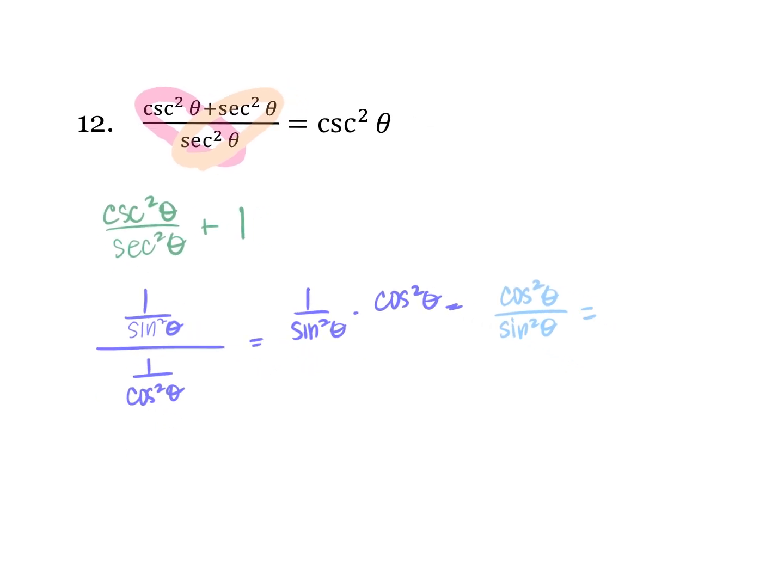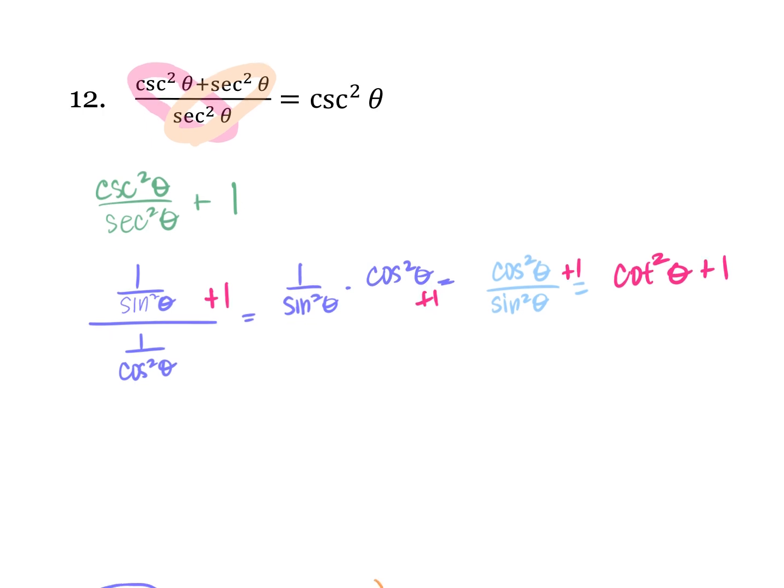What is cosine squared over sine squared? Wait a minute, why isn't this coming out? Because I needed cosecant squared. Sheesh, I left off my plus 1 this whole time. So I'd have cotangent squared plus a 1, which I'm going to look at those shortcut Pythagorean identities. And what is cotangent squared plus 1? Cosecant squared.